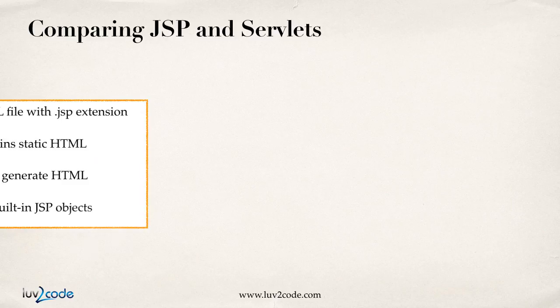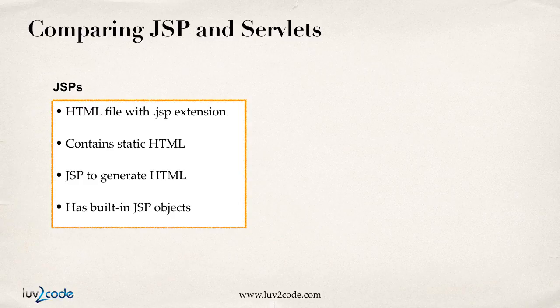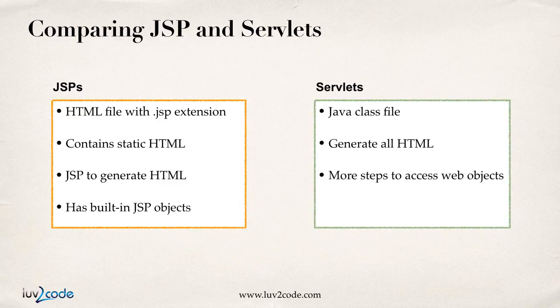What should I do? So basically, just as a quick recap here, JSP is really just an HTML file with a .jsp extension. It has some static HTML and also some JSP to generate HTML on the fly as needed. And also JSPs, as you know, have a collection of built-in JSP objects that you can make use of directly. Now, when we look at servlets, it's really a Java class file. So it's like a HelloWorldServlet.java.